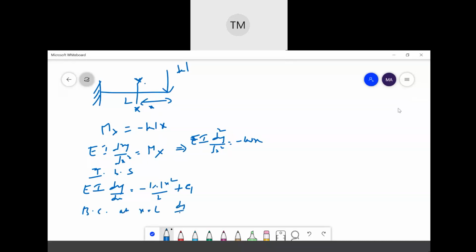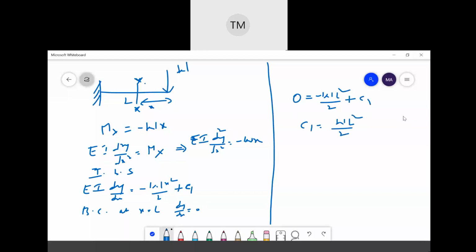Substituting this boundary condition, 0 is equal to minus w into L square by 2 plus C1. Then C1 is equal to wL square by 2.